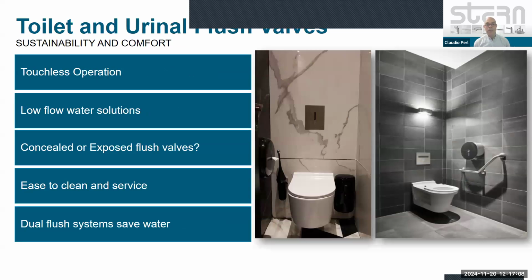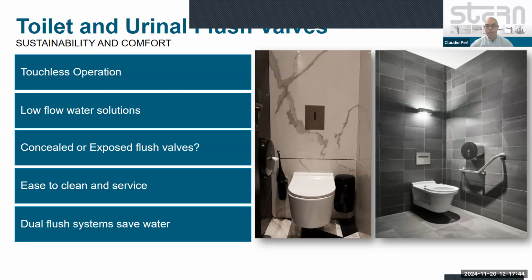When it comes to toilets and urinals, it is also important to have this type of technology and products available for high traffic areas where you really want to avoid messy bathrooms. Having a touchless operation that calculates the time the user is in front of the sensor detects whether the discharge is going to be 3 liters or 6 liters, for WCs with low flow water solutions as well.